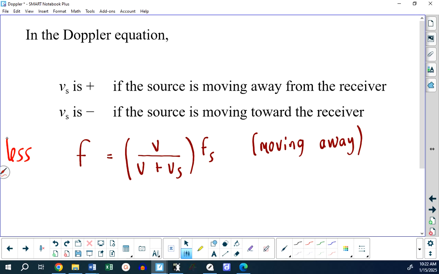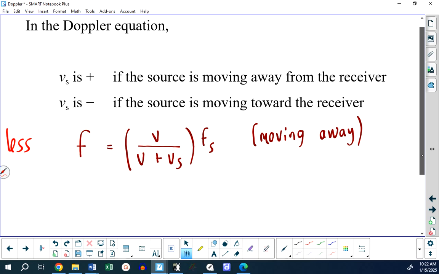Now let's do the other one, and then I'll tie this all together. If the object or the source are moving towards each other, then the rule says you use a negative V sub S. So this is moving together.